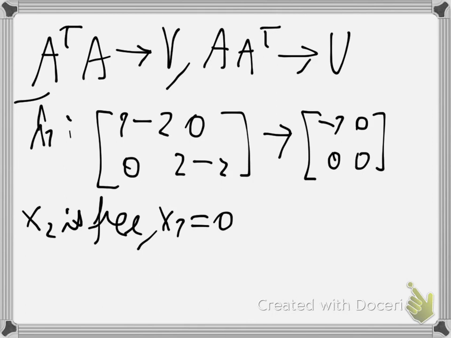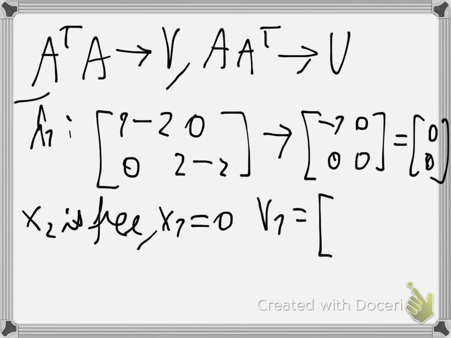Okay, remember, you solve that, that should be equal to 0, 0. Remember, this is just how you find the eigenvectors. And so our eigenvector v1 will be, so x1 is 0 and x2 is free, so you choose 1. And so it's already a unit vector.